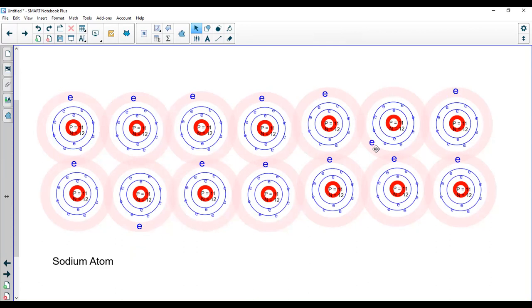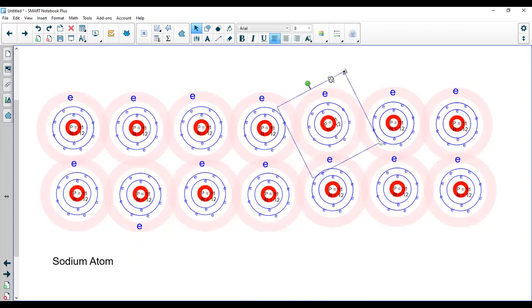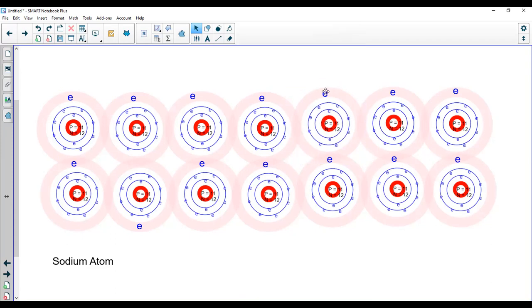It can move from one nucleus to another nucleus. All the others are moving, but they are bound to move around that nucleus. Got it? But that electron which is outside can go anywhere in the whole metal, following these orbits.